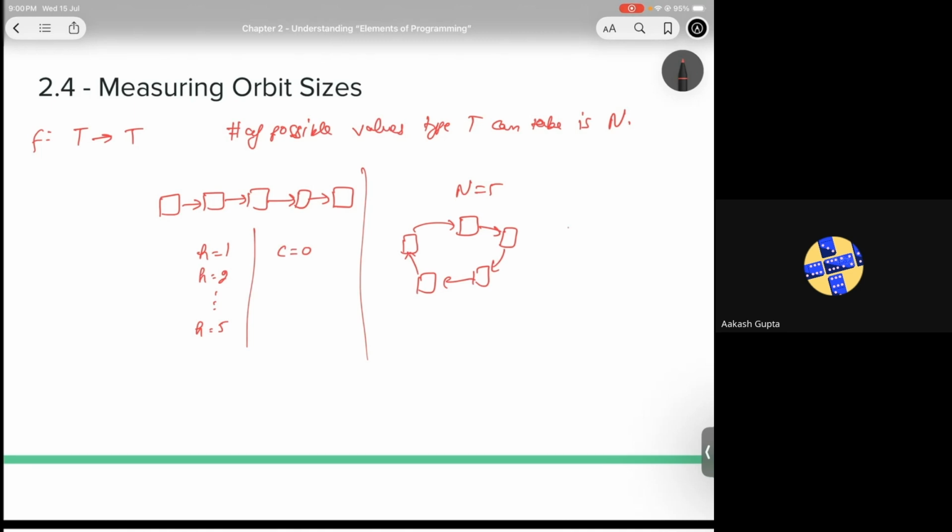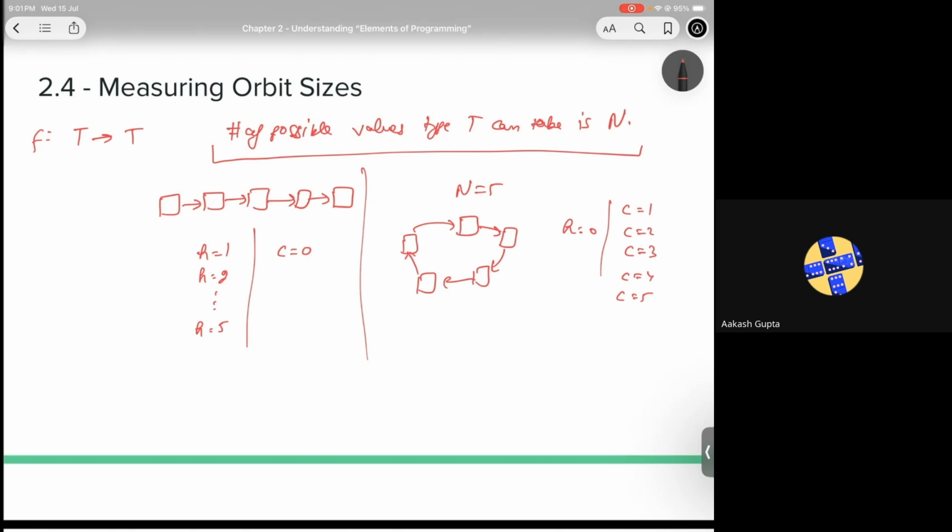In the second case, handle size is 0, but cycle size can be equal to 1, 2, 3, 4, 5. Again, let me be more clear. It is the number of possible values type T can take. It does not necessarily mean that from the starting point we can cover all the nodes in type T.